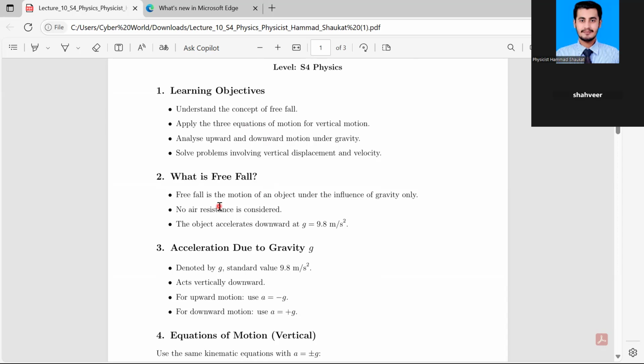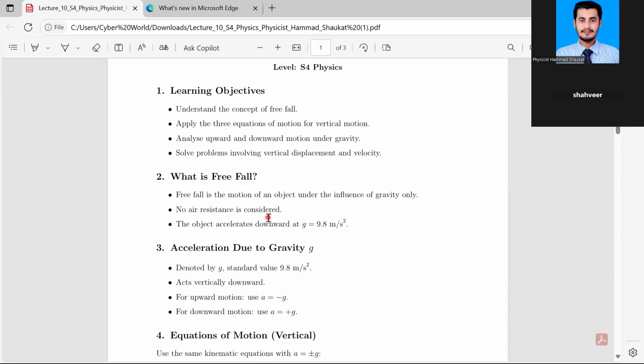Only objects that move under the influence of gravity obey free fall. But in this free fall scenario, you must ignore the air resistance. This is the important thing you must understand: in free fall, you must ignore the air resistance. All right.